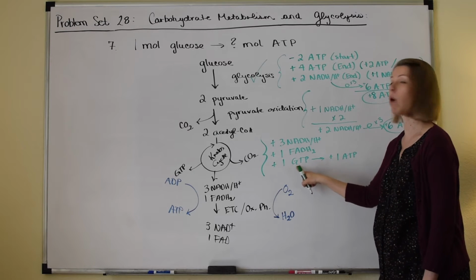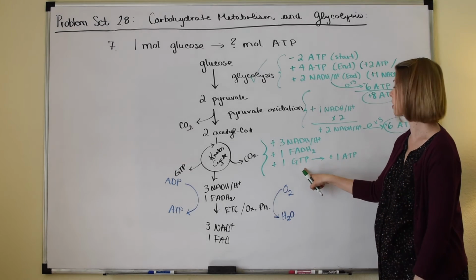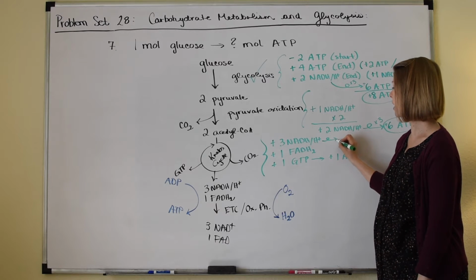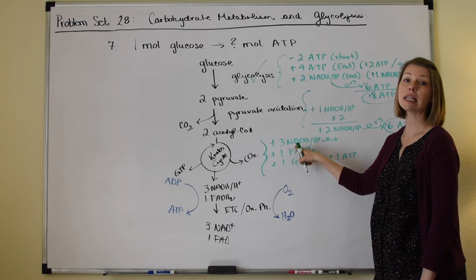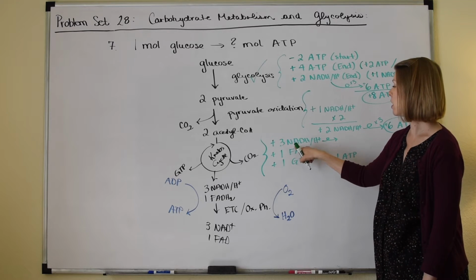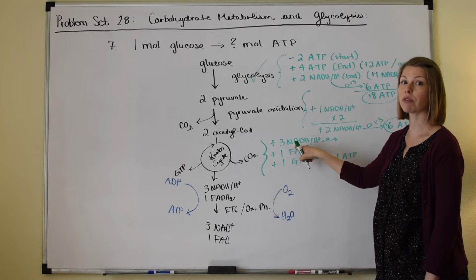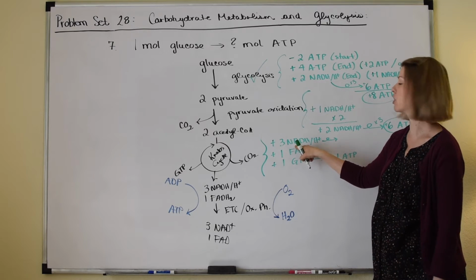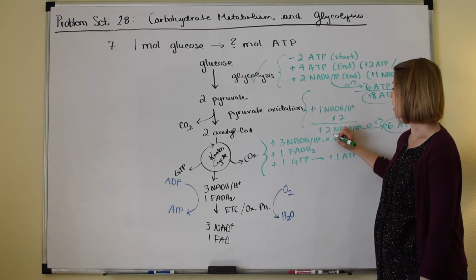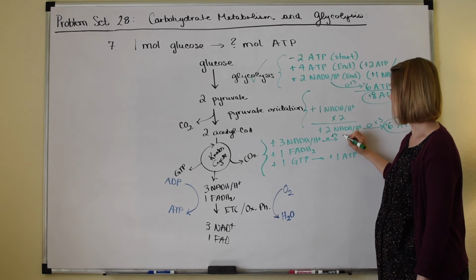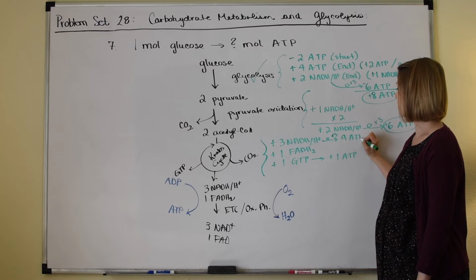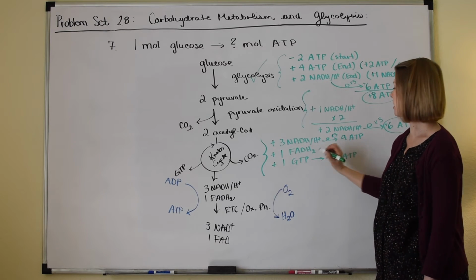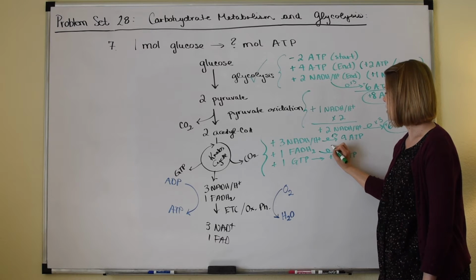Adenosine triphosphate and guanosine triphosphate, both high energy molecules. Later on, in the electron transport chain and oxidative phosphorylation, these reduced coenzymes will be reoxidized, providing the energy to power oxidative phosphorylation, or the phosphorylation of ADP into ATP. So times that by 3, you get 9 ATP from the reoxidation of the 3 NADHs, and times this one by 2.